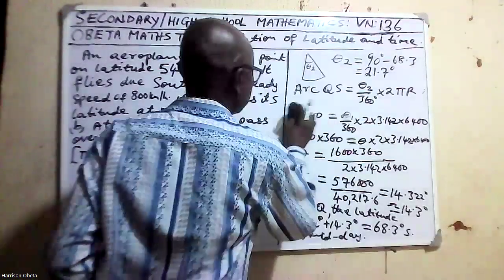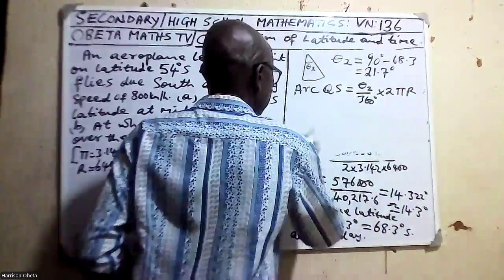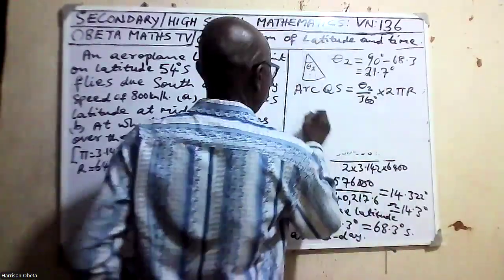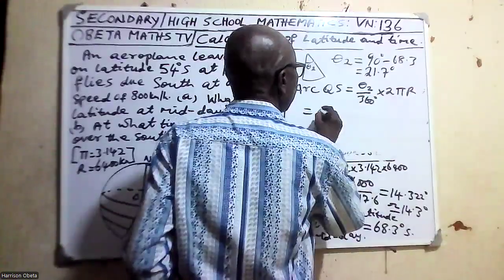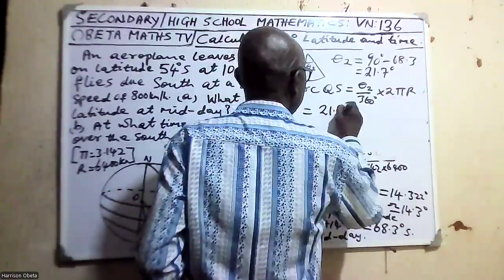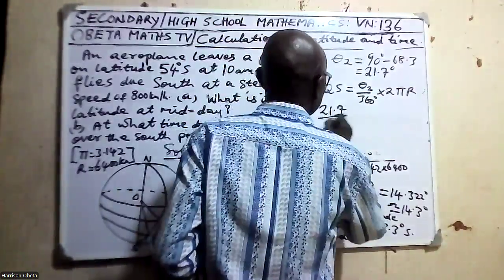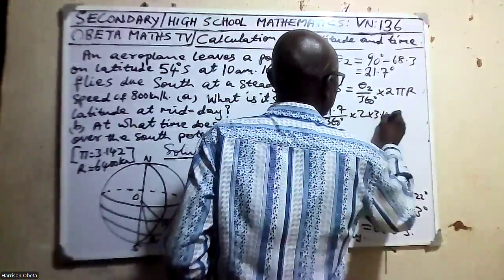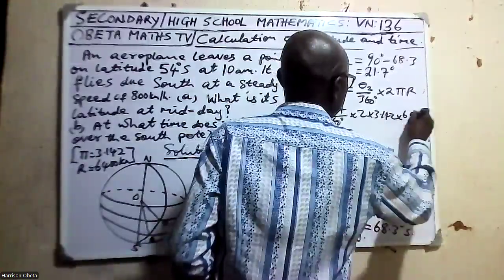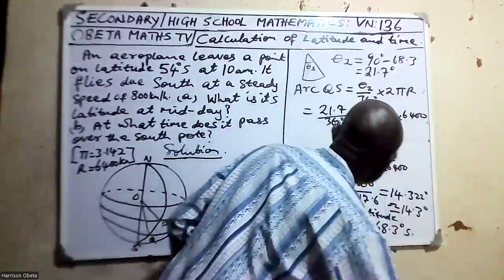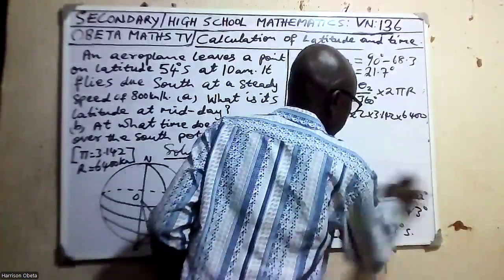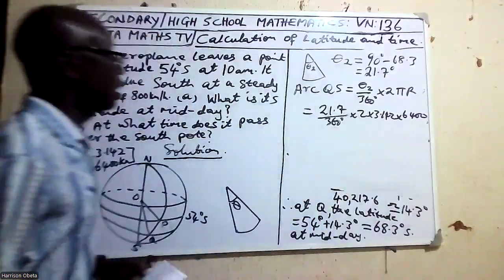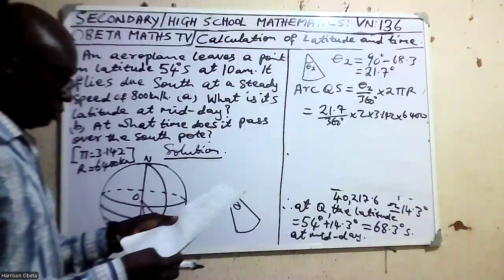So moving on, we have 21.7 all over 360 times 2 times 3.142 times 6,400. And then we carry that out.